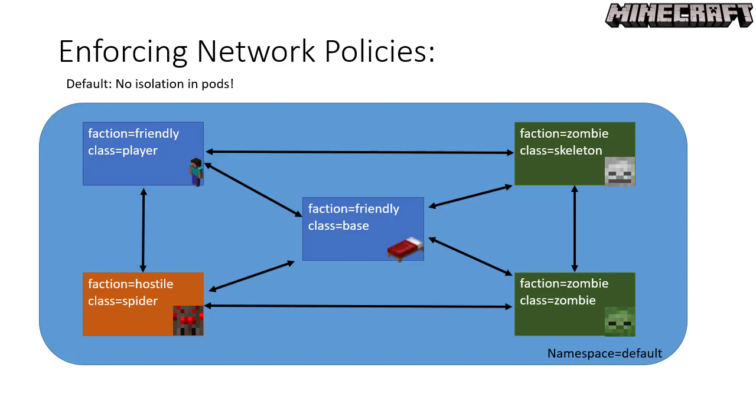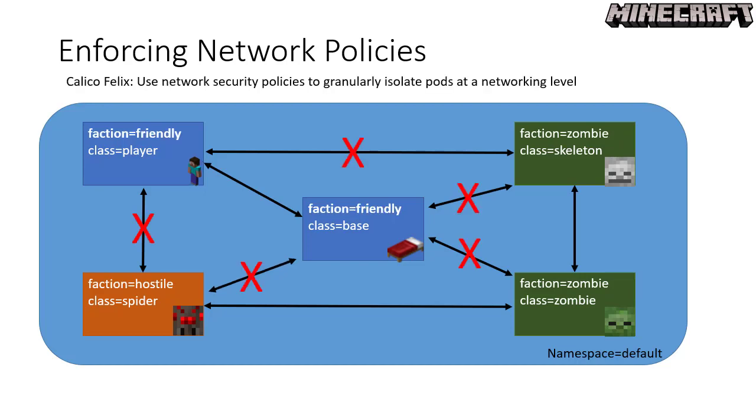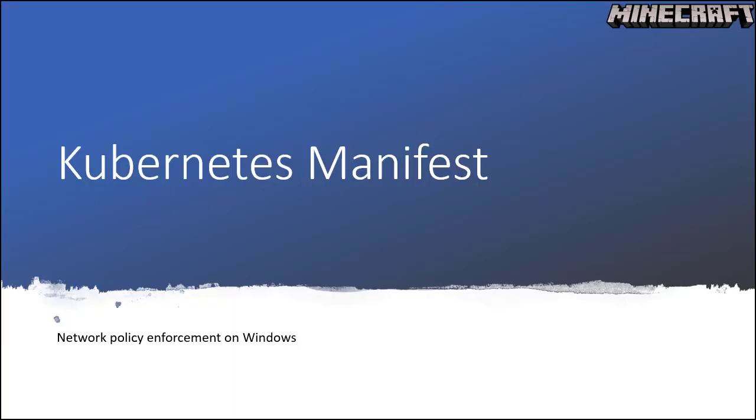In our Minecraft-themed example, we'll demonstrate the same concept using simple pod labels. So in the Minecraft video game, you don't want entities with hostile intent, such as skeletons or dangerous animals like spiders, to have access to your base. You actually want to protect your base from them. So in pursuing this goal of securing access to our base, we'll be defining a network policy to guarantee that only pods with the friendly label are allowed in.